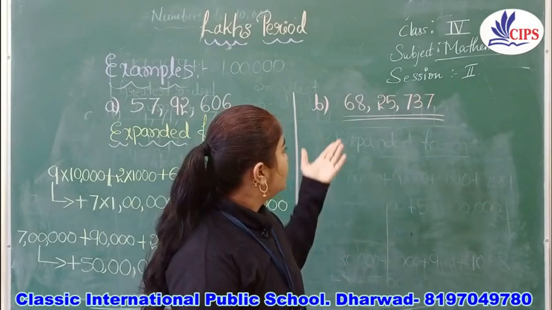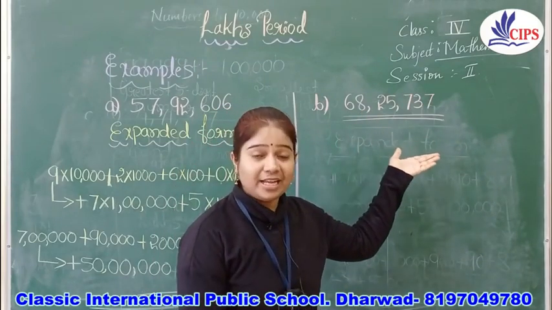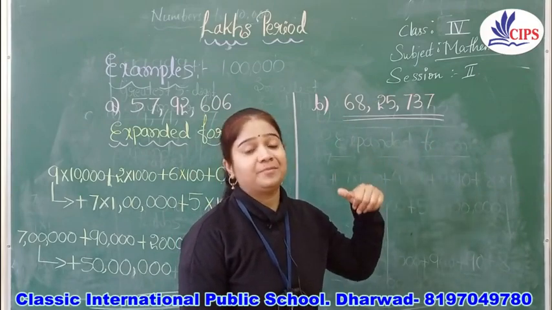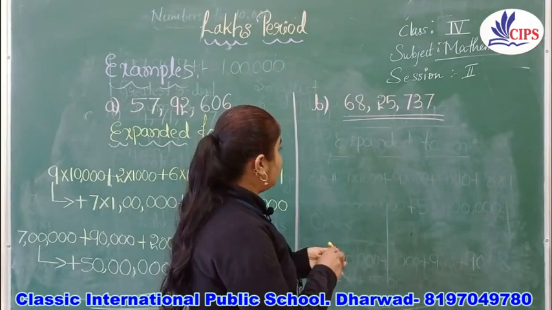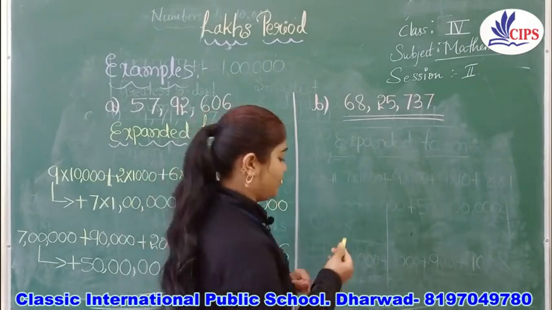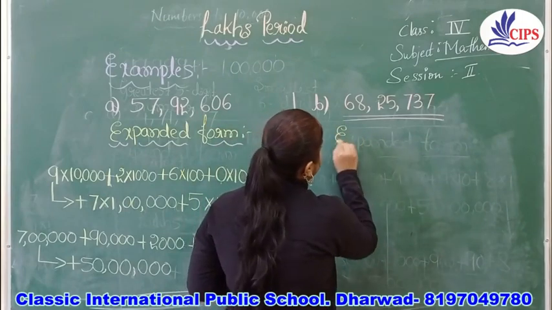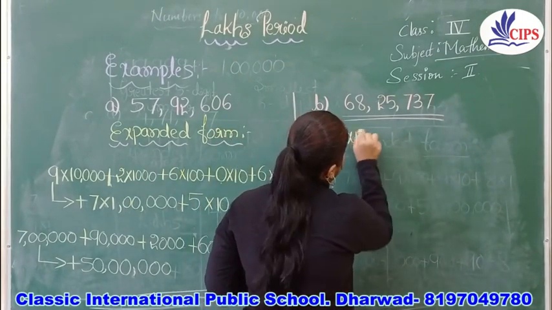Understand? So 68 lakh 25,737. Okay. Yes. Now you can easily write the expanded form of this number. Okay. Let's start. You also try, along with me. Expanded form.